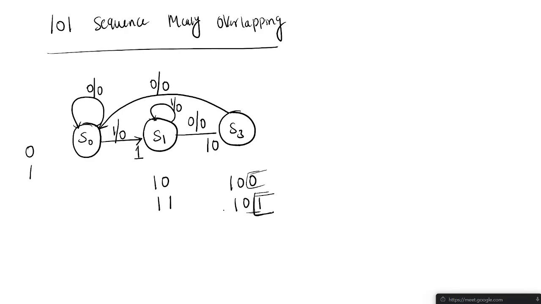If it is 1, tell me the state. Here it is matching now. Overlapping, so it will go to S1, and the output is 1.